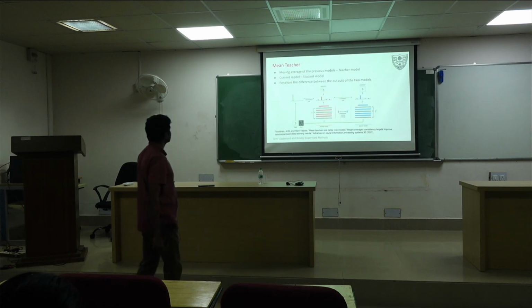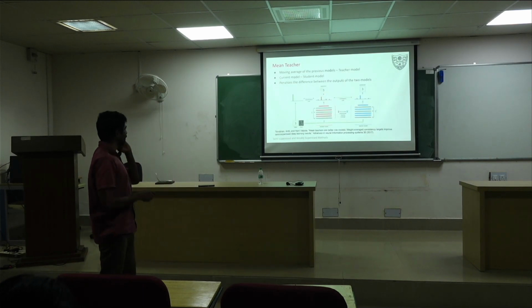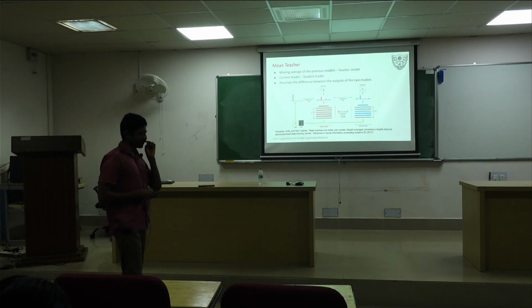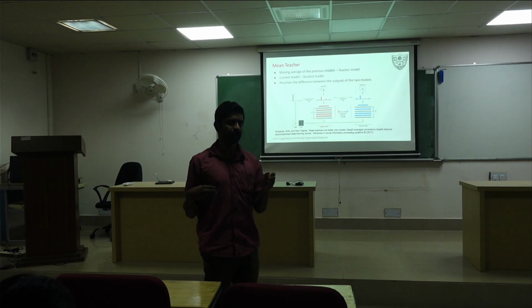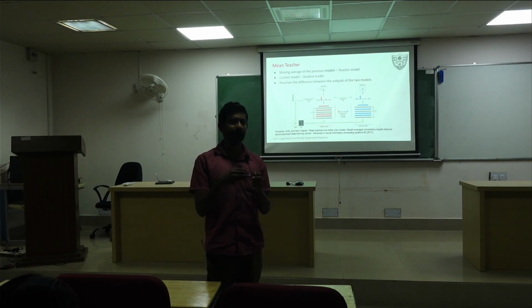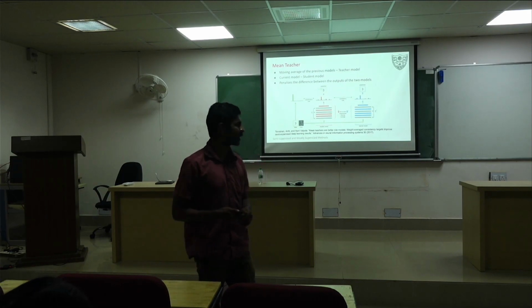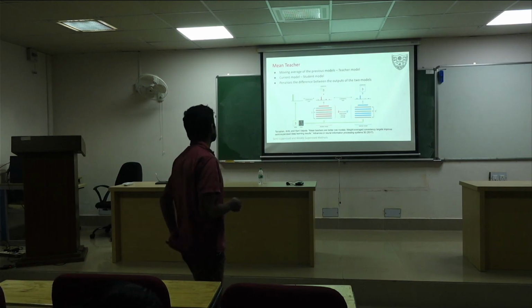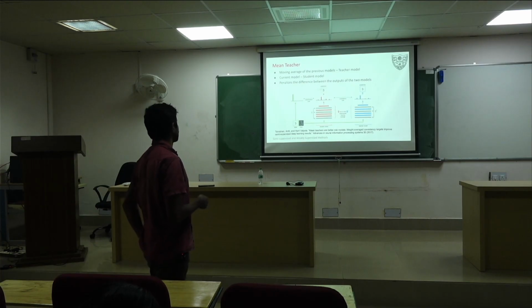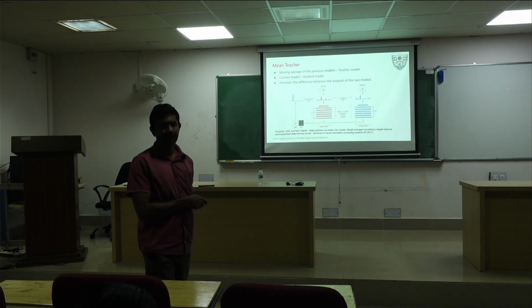I'll probably cover this. The problem with this moving average of the model is that you need to keep a lot of models in memory and keep on averaging those outputs. So this is a slightly improved version of that. There are 2 different networks: one is called a student model and one is called a teacher model. Of course, if you have labels, you just do cross entropy training.